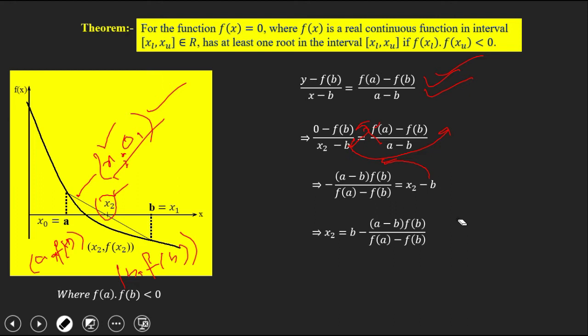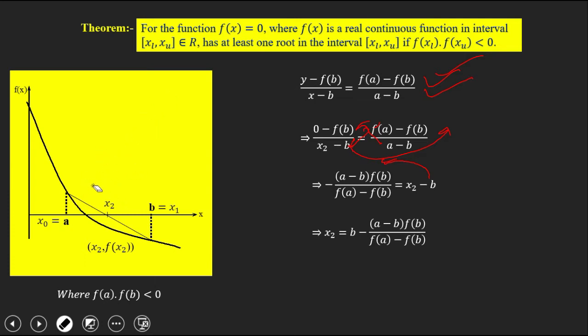And in the same way, as we have found the value of x2, at x2 the function is negative, so f of a dot f of x2 is less than 0.